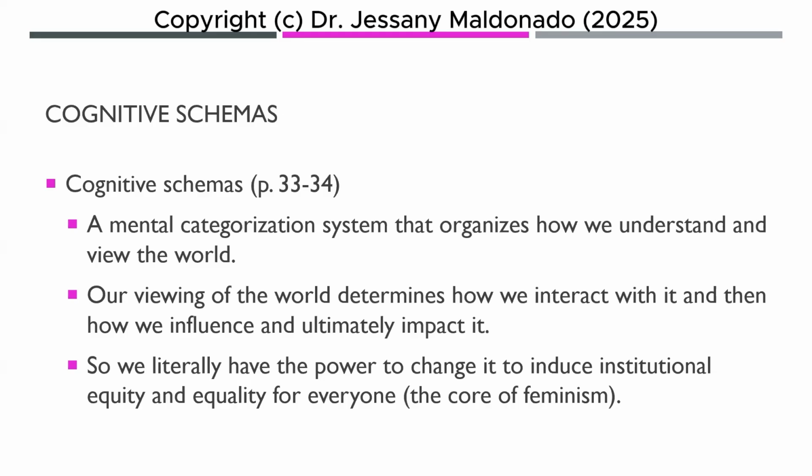Now, you may have heard of feminism as a monolithic concept. However, feminism has multiple different doctrines and meanings and different types of strategies in order to execute institutional equity and equality for all. Okay. And we will definitely get through those different types of feminisms throughout the semester.